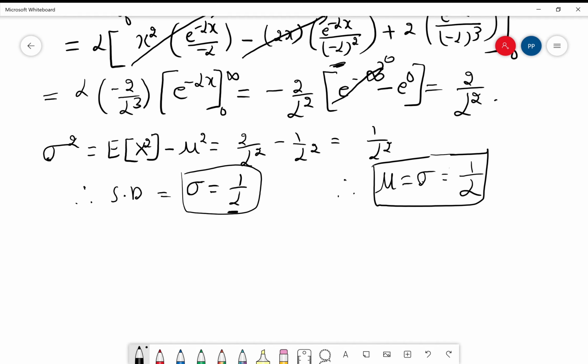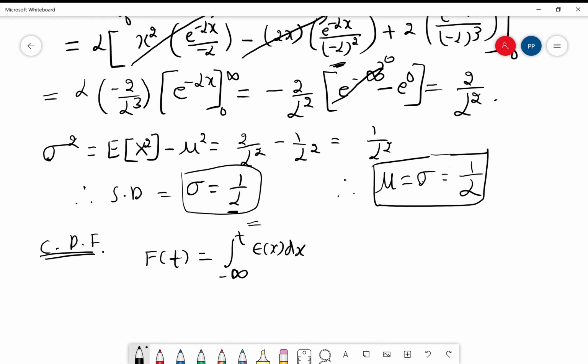Now we'll find out the CDF of this exponential distribution. Okay, and we know that the CDF is given by F of t equals the integral from minus infinity to t of the probability density function, which is f of x dx.